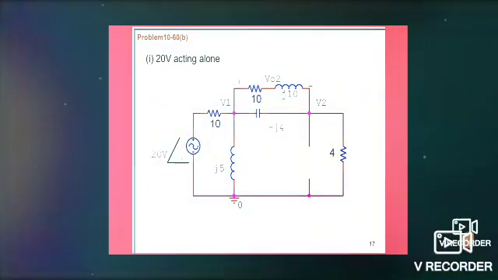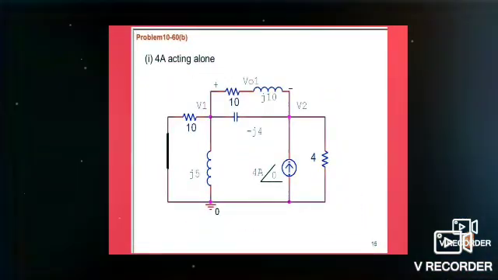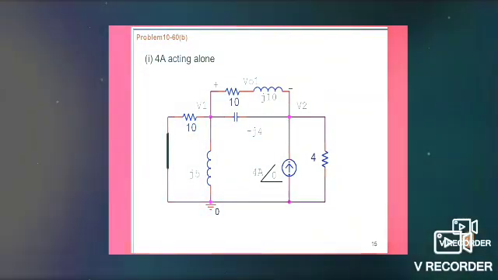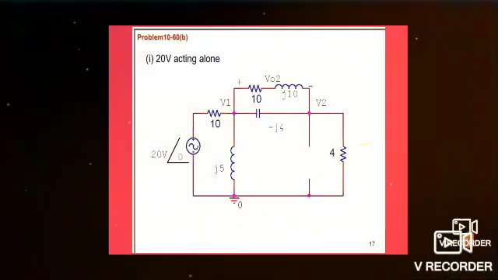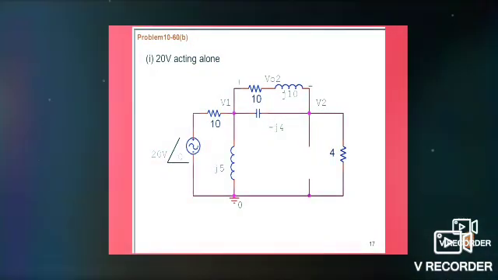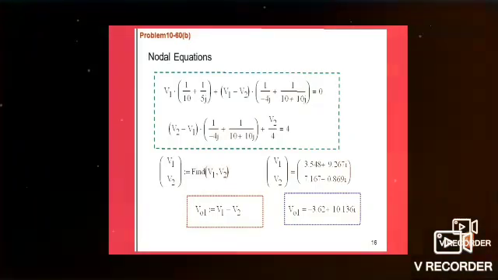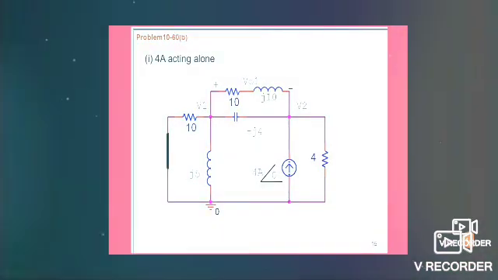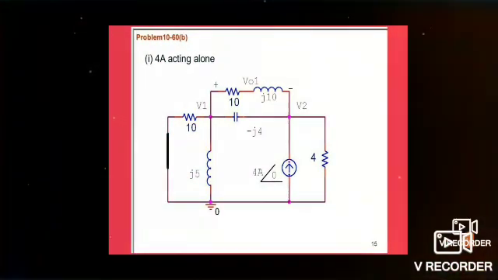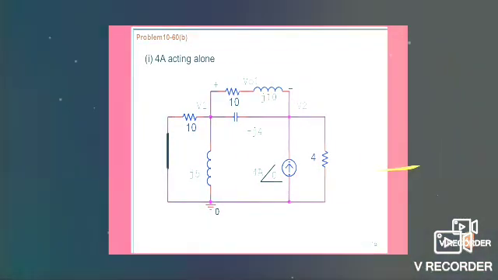The total voltage V01 plus V02 gives the load voltage V0 across the load impedance. Here the load impedance 10 plus J10 ohm is used. Now we are going to find the value of V01.